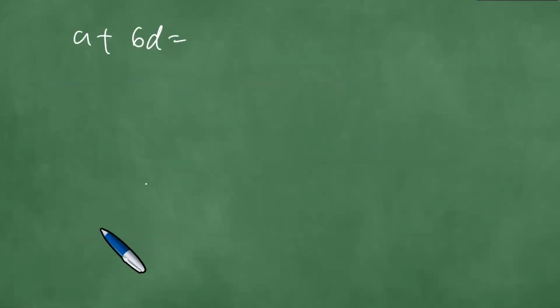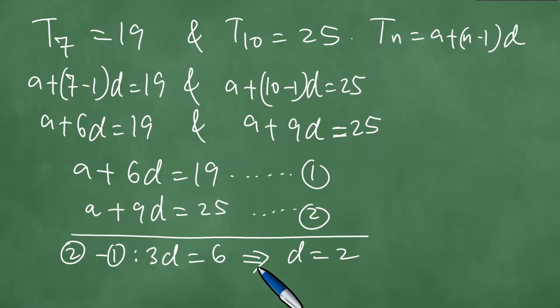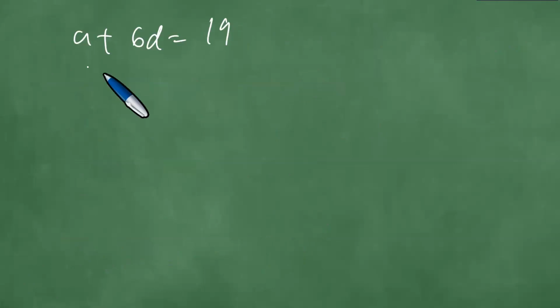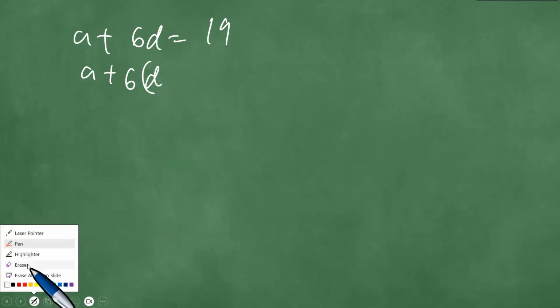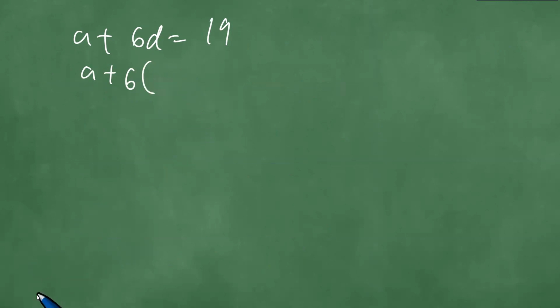So A plus 6D is 19, and D is 2. In place of D, you put 2.